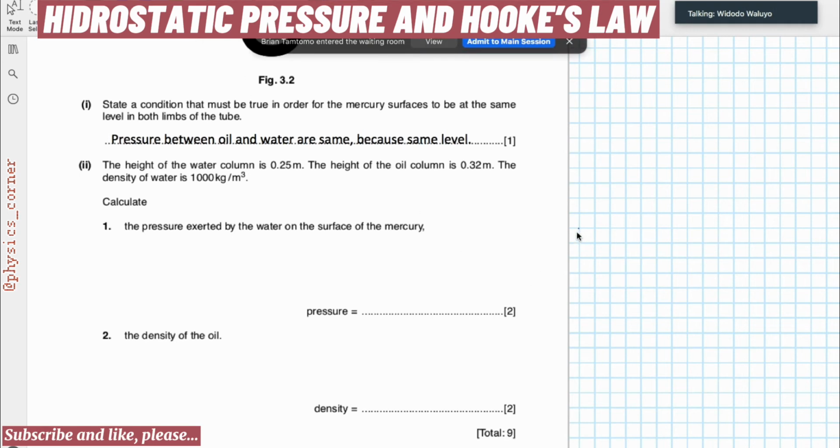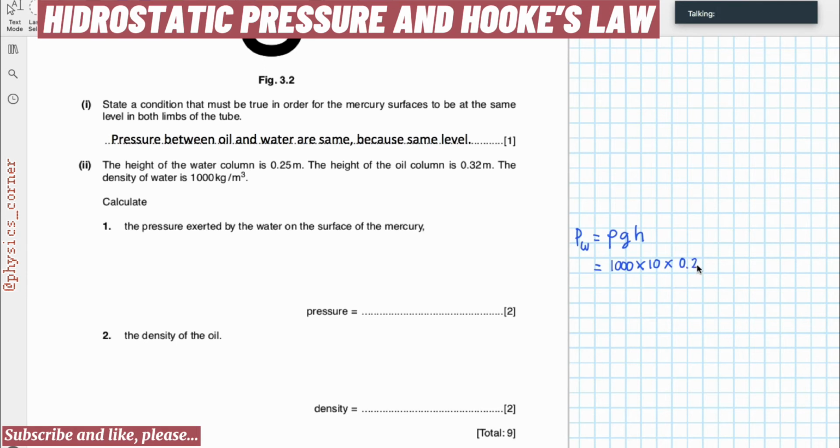So pressure by water, P_W, let's say. This is something with rho g h. Rho, density of water, is 1000. Gravitational acceleration or free fall gravity, we use 10 here to make it easy. And h of water, the height, is 0.25.